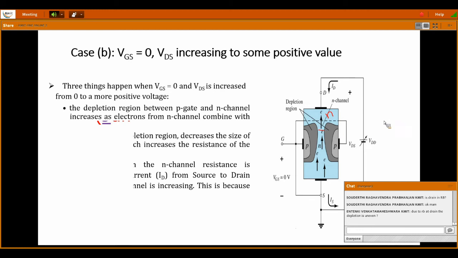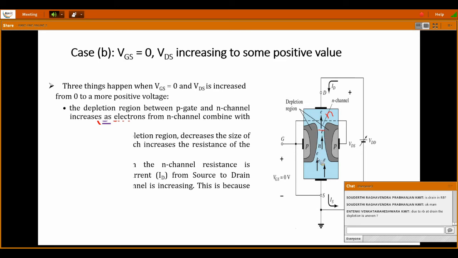Because of that reason only, you can see here the depletion layer shape is being varied near the drain junction, or drain terminal. See here, this shape is called wedge shaped.